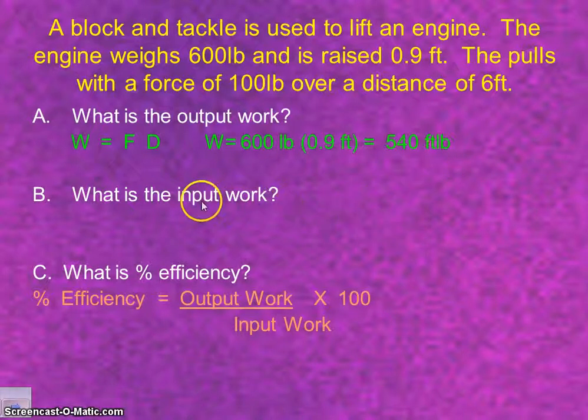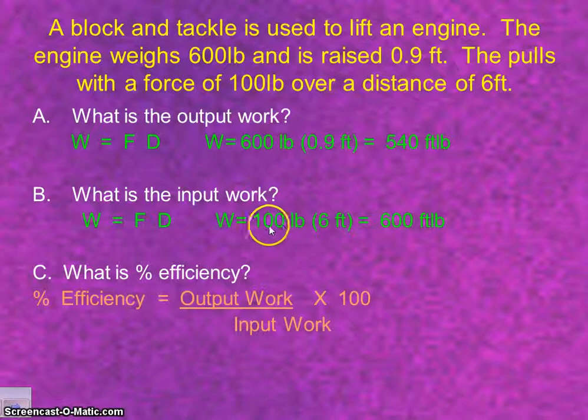Well, what about your input? This is what you have to put in. And remember, there's that trade-off here. We're still going to use the same equation: work equals force times distance. With the block and tackle, you're going to use 100 pounds of force.